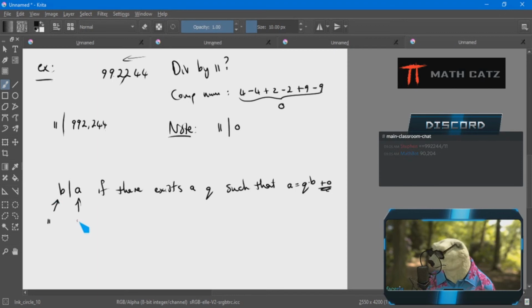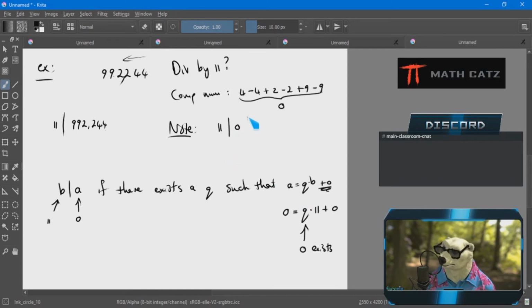There's nothing that ever says it has to be. A happens to be 0 in this case. Is there a q so that I can write A equal to q times 11 plus 0? Yes, there is. It's 0. It exists. And therefore, technically, though maybe not intuitively, 11 divides into 0, or 0 is divisible by 11.